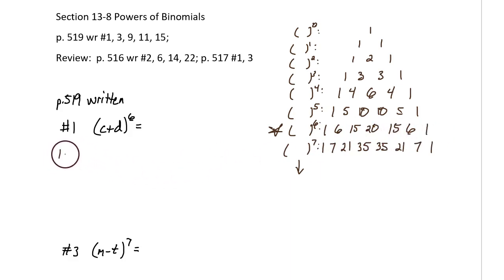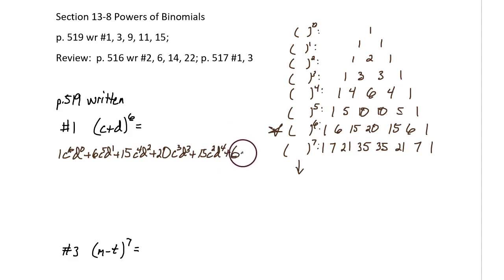So our answer will be 1 times c to the 6th d to the 0 plus then a 6 times c to the 5th d to the 1 plus now a 15 c to the 4th d to the 2 plus now a 20 c to the 3 d to the 3 plus now 15 c to the 2 d to the 4 plus now 6 c to the 1 d to the 5th plus 1 c to the 0 d to the 6th.